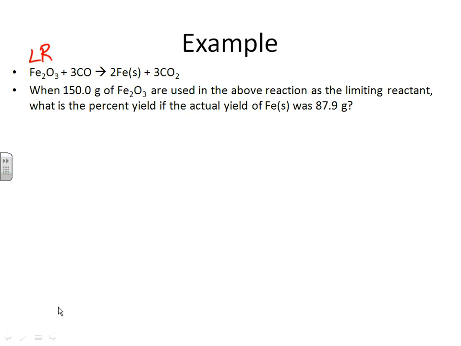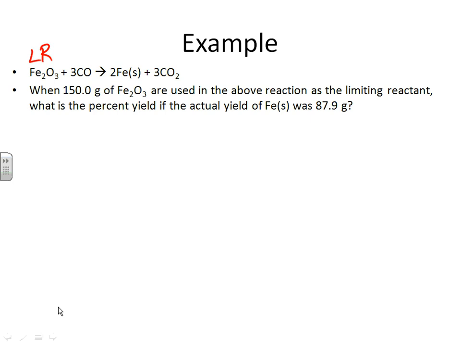And before I go into this, I'll just talk about the distinction. What if they didn't tell us that Fe2O3 was limiting? What we're going to do here in order to solve this is one mass-mass problem. We're going to take the mass of the Fe2O3, the 150 grams, and figure out how much product we should theoretically be getting.